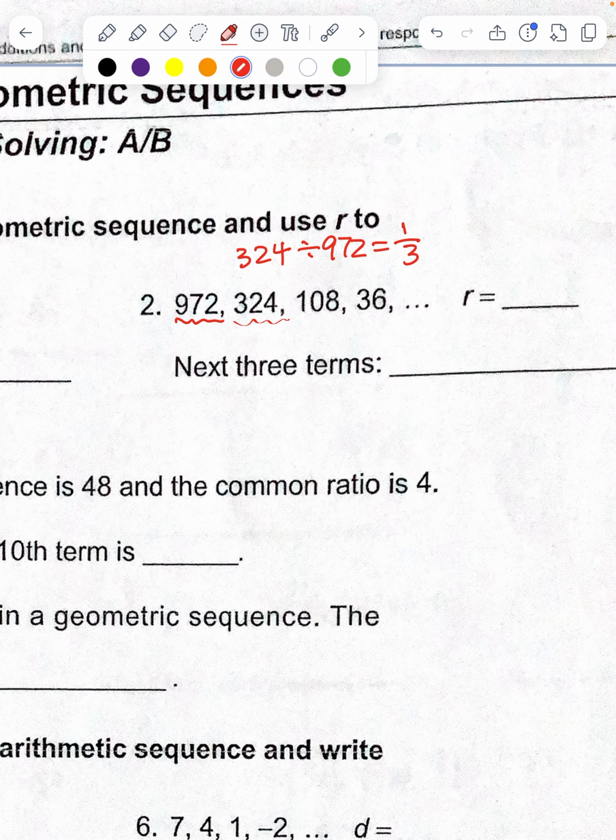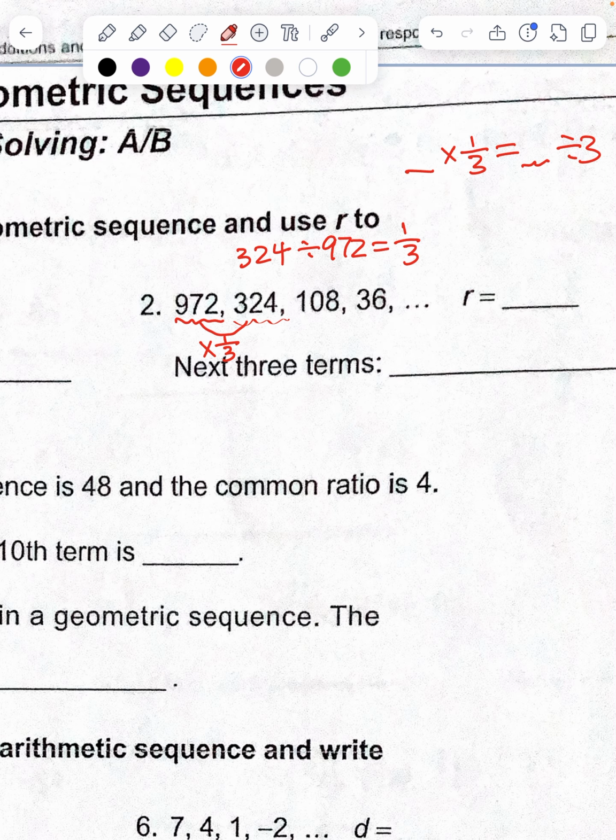So that means 972 multiplied by 1/3. That means it divides: a number multiplied by 1/3 is just equal to that number divided by 3.